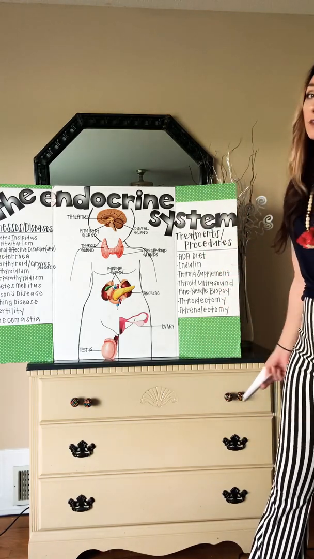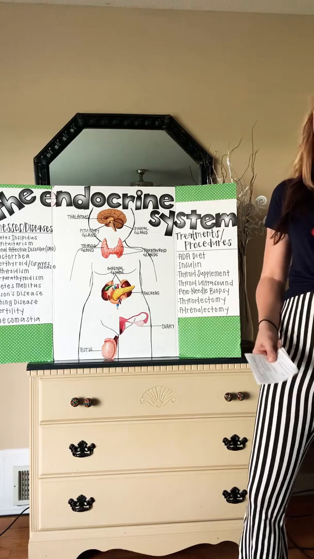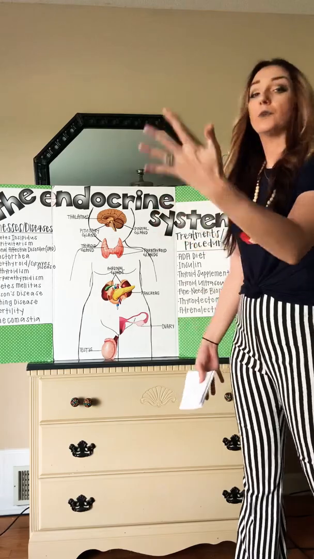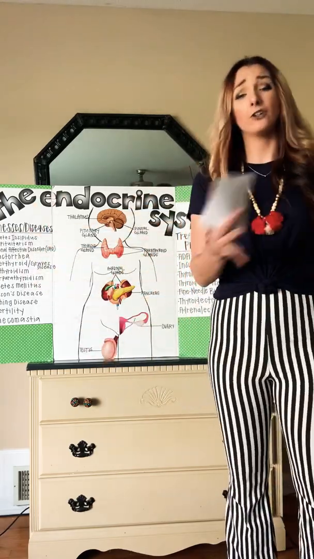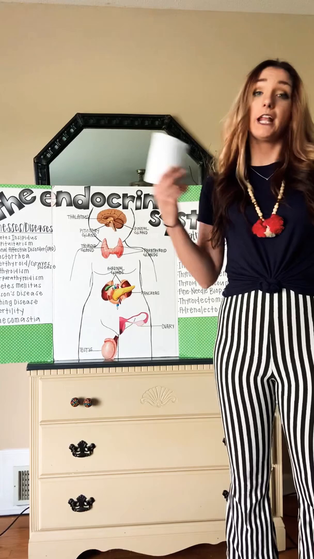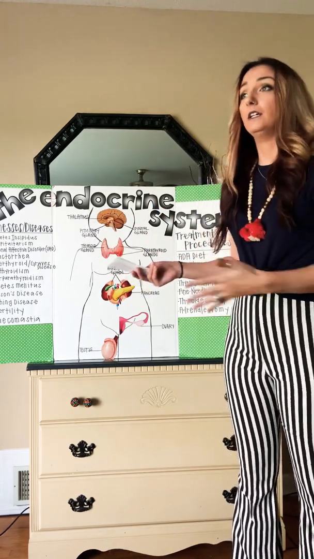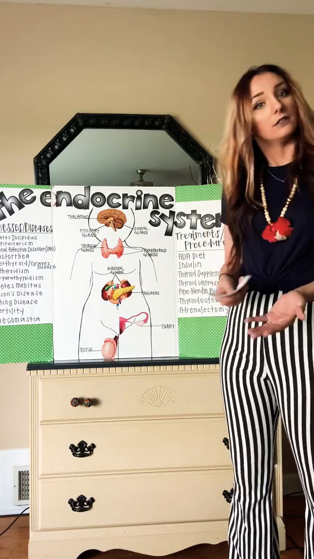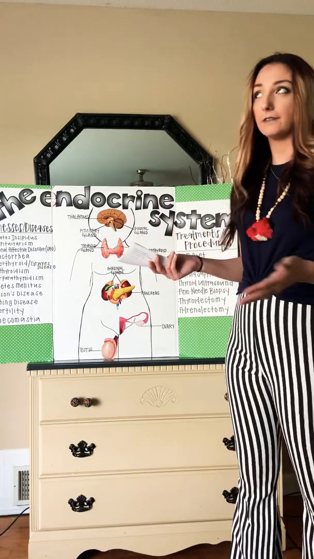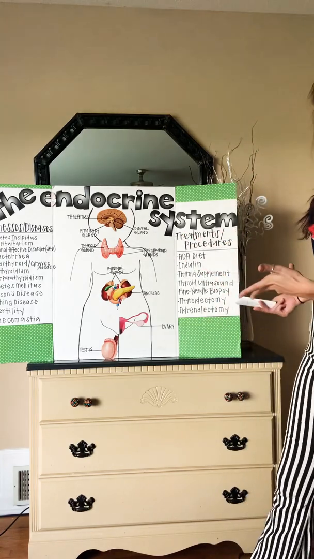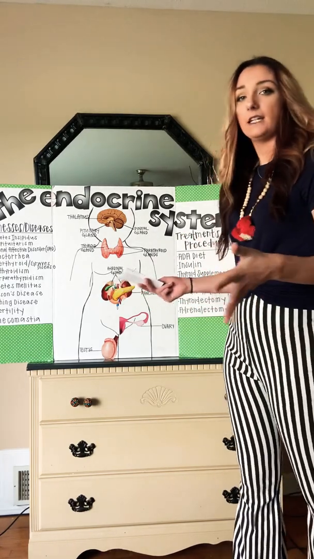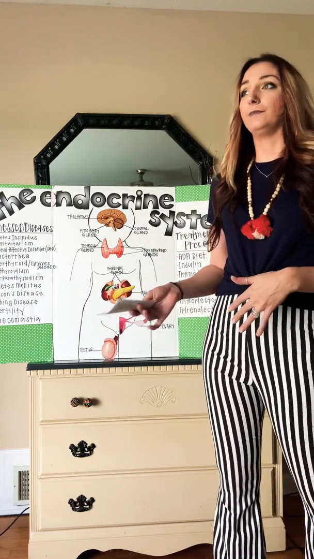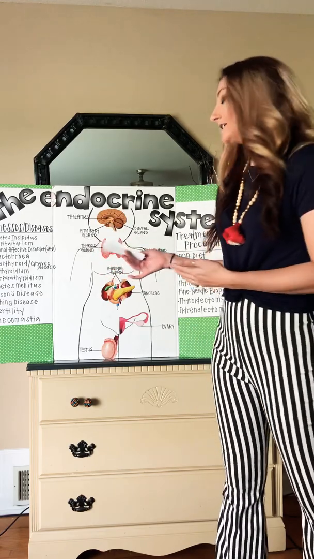Thyroidectomy says it in the word, thyroidectomy, removal of the thyroid. Now you can have your parathyroid removed, you can have part of your thyroid removed, you can have your whole thyroid taken out. But thyroidectomy, removal of the thyroid. If it comes to that, you can live without a thyroid. You just have to have a supplement for the rest of your life. And last but not least, adrenalectomy, and that's of course, if you have to have removal of your adrenal glands due to underlying causes.